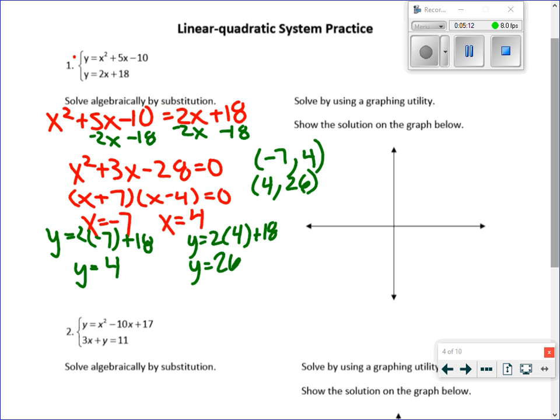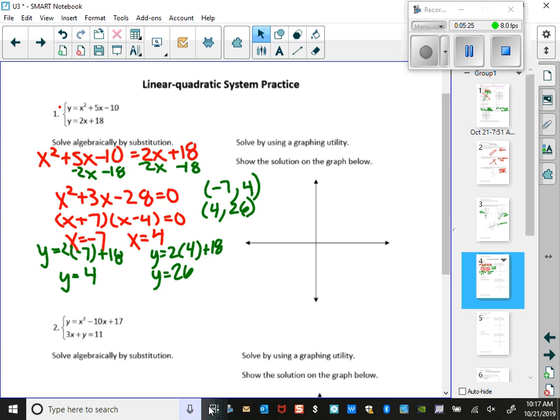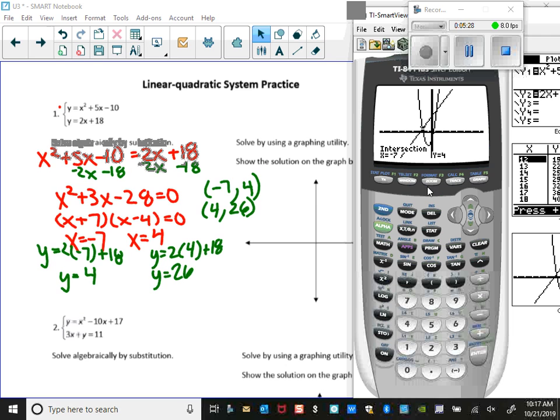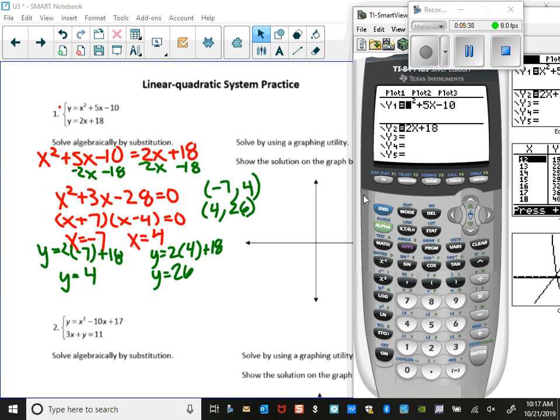So let's go over real quick just to show you one time how you can use the calculator to find your intersections. So when you have your graphing calculator, you're just going to start off by going to your y equals, the top left button, and entering both of those.